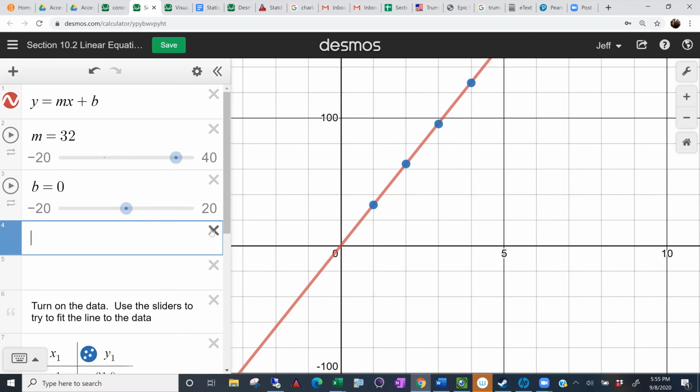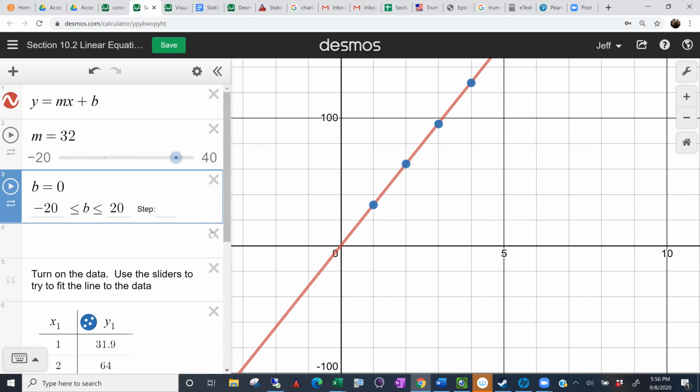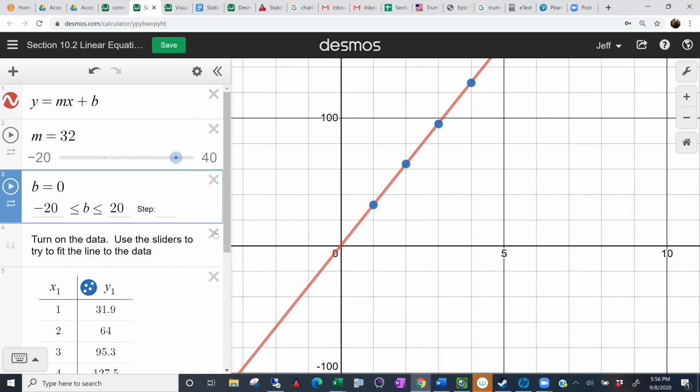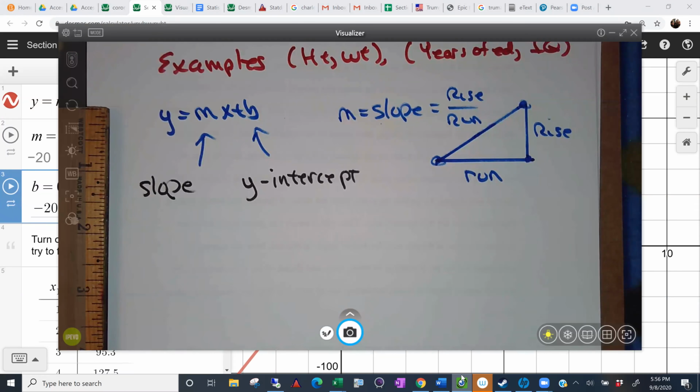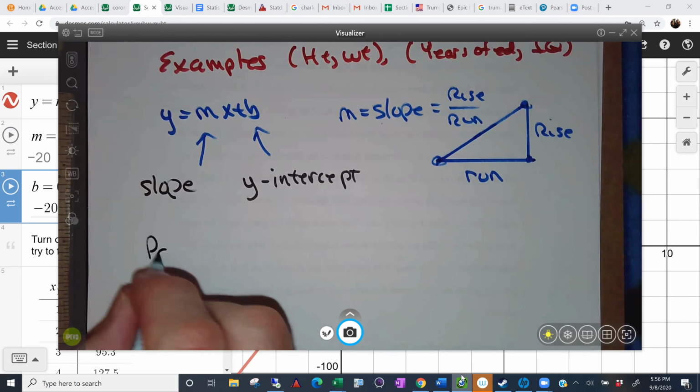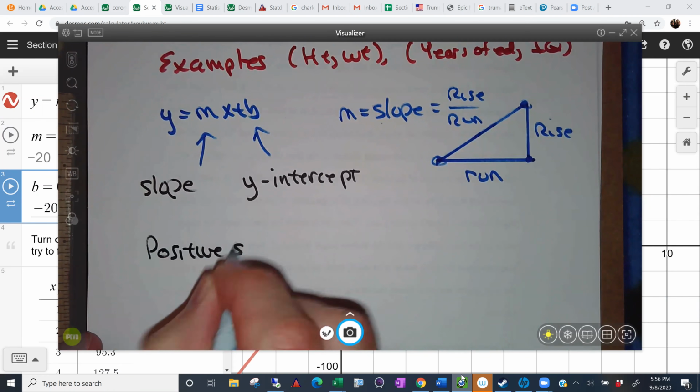The good news is we don't have to do this kind of stuff by hand. We have software that's going to take care of this kind of stuff for us. But in this case in particular, one thing that I want you to notice is that the slope is positive. Qualitatively, you should be able to recognize a positive slope.